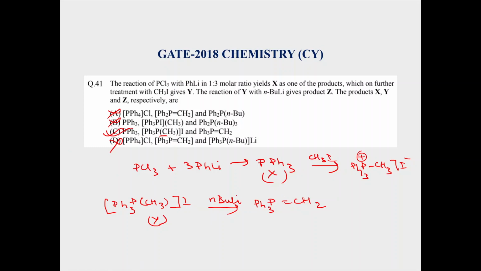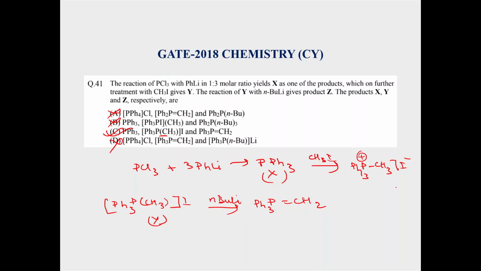So if we know how to synthesize ylides, this reaction would be very simple, because first of all PCl3 and PhLi are reacting, so LiCl will eliminate and we will get PPh3. And one of the best ways to synthesize ylides is by the reaction of triphenylphosphine, that is this PPh3, with alkyl halides.